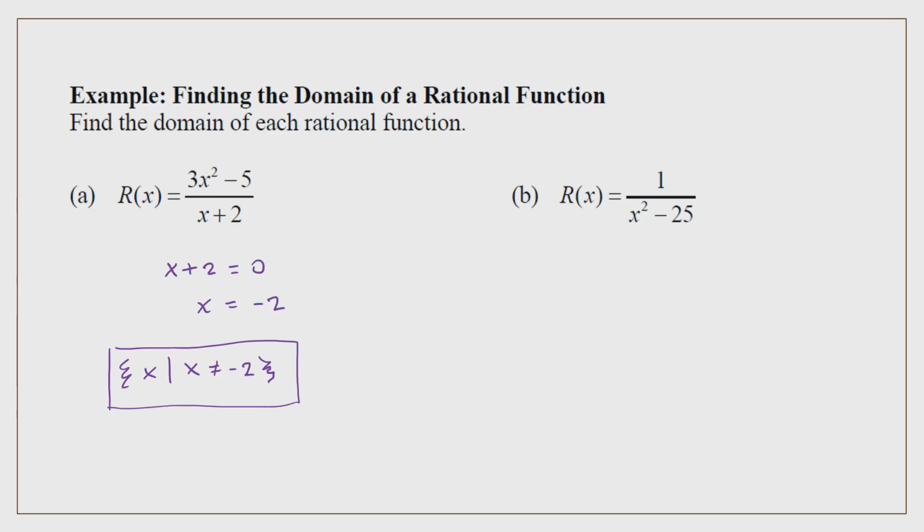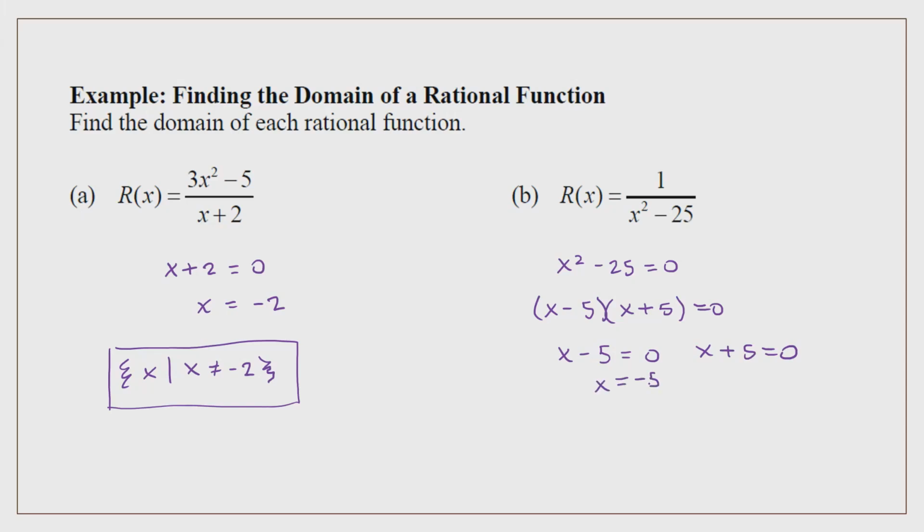For b, we have r of x equals 1 divided by x squared minus 25. So we'll set x squared minus 25 equal to 0. This is the difference of squares. So when we write this in factored form, we'll have x minus 5 times x plus 5 equals 0. So we can then use the zero factor property by setting each factor equal to 0 and solving for x.